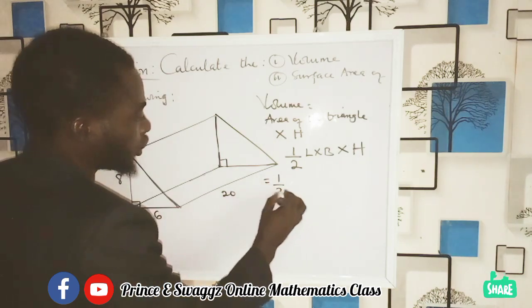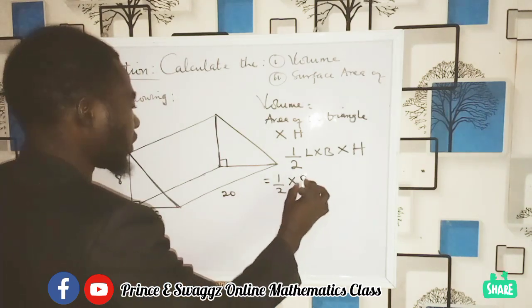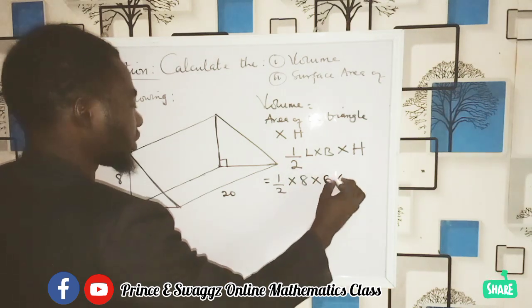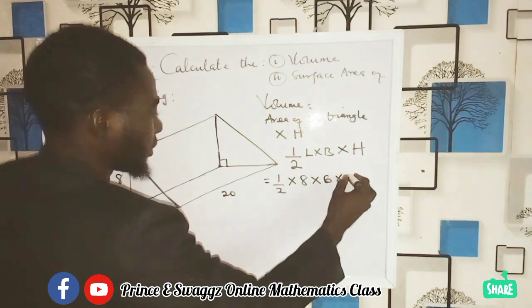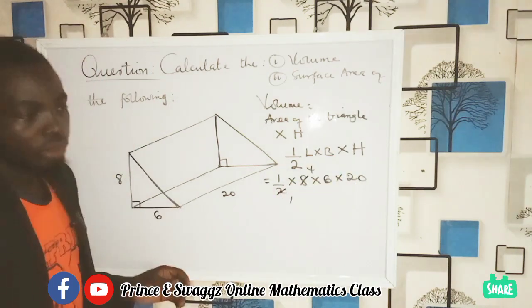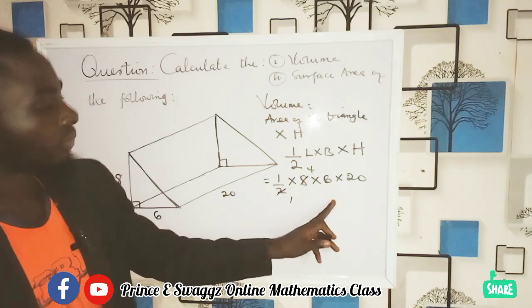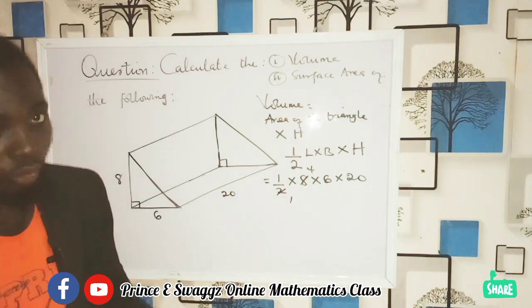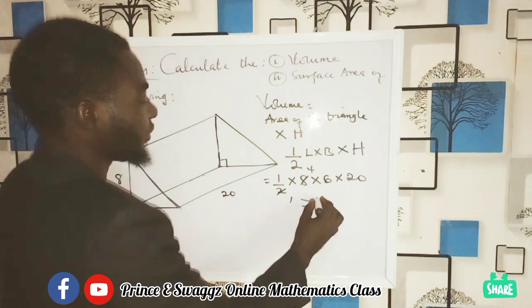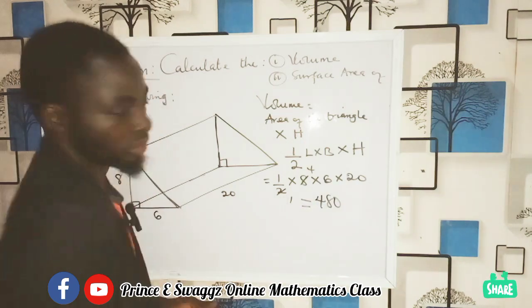Then I have 1/2 times 8 times 6 times height. Our height is 20. 2 here 1, 2 here 4. We are left with 4 times 6, that's 24. 24 times 20 will give us 480.